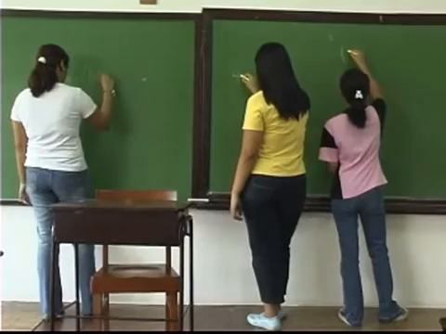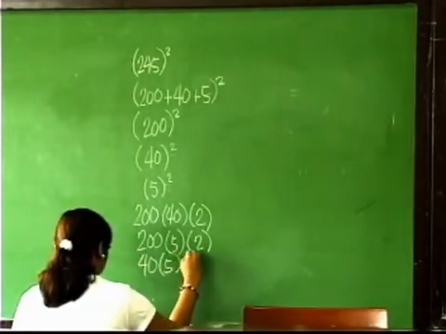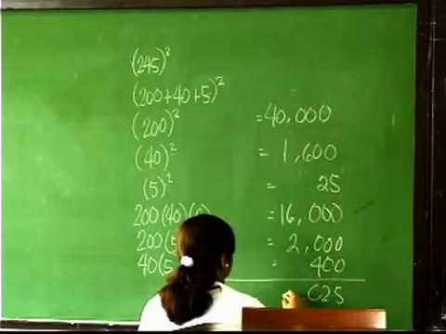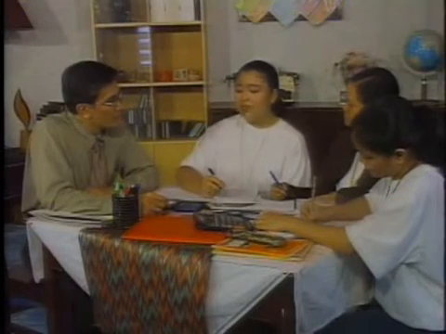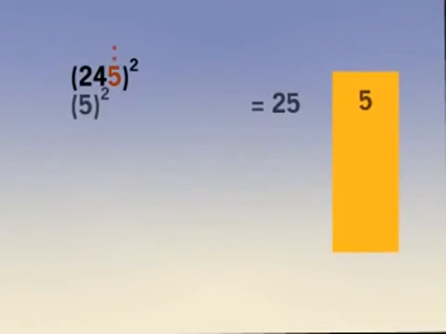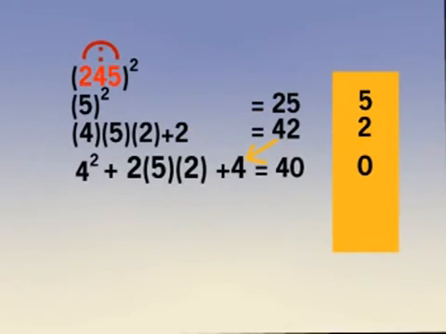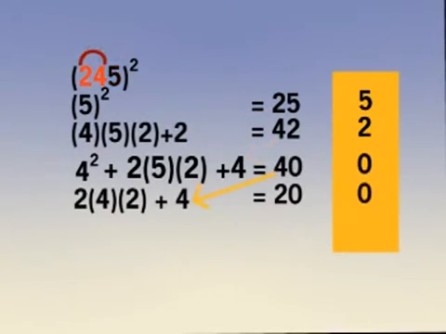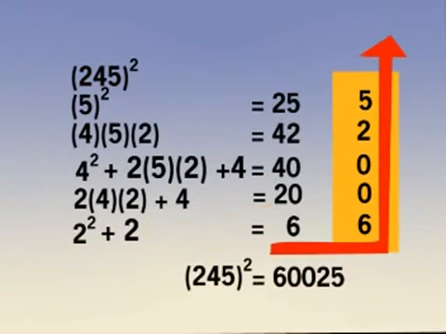I'll try the long method first. Total is 60,025. Let me try the faster method. They result in the same number, 60,025.